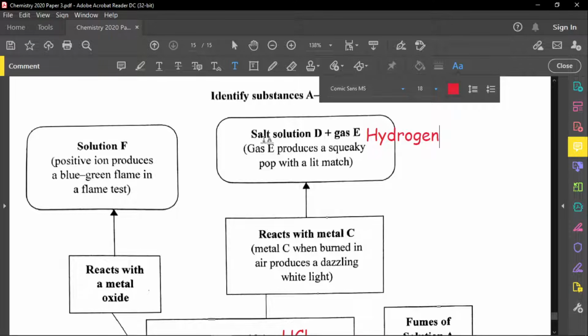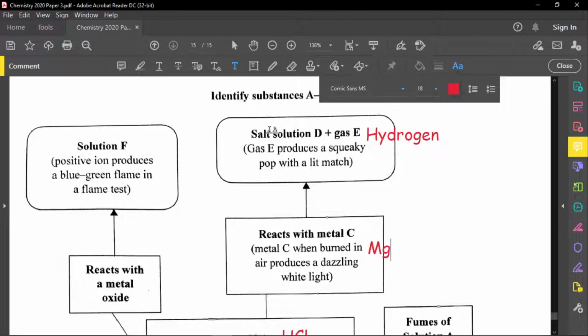All right, so salt solution now. When you figure out what salt solution this is, right? There's a clue right here. The metal C, when burned in air, produces a dazzling white light. So to burn this metal in air, you get this dazzling white light. What metal does that? Magnesium, okay?